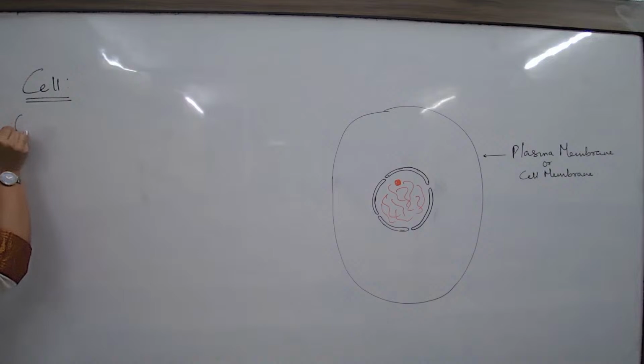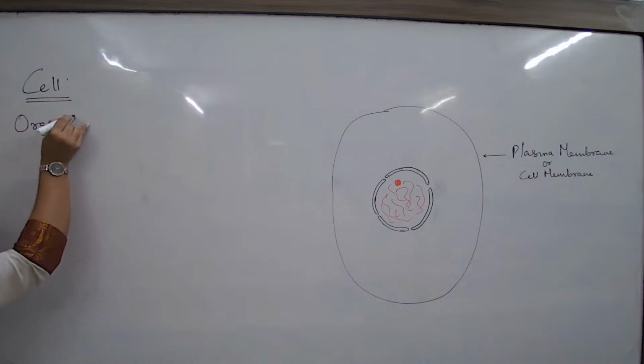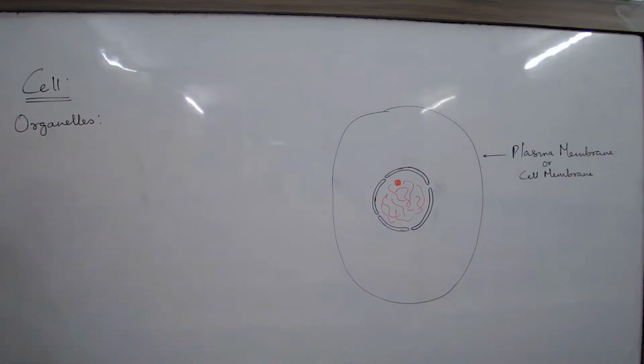So we are talking about the cell organelles. What are organelles? Organelles means the parts of the cell. Organelles are the parts of a cell which has got definite functions. If I ask you, what are some important parts of our body? Organs of our body. Heart, performing what function? Blood circulation.